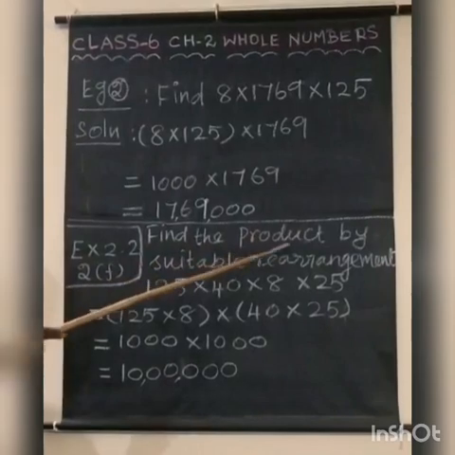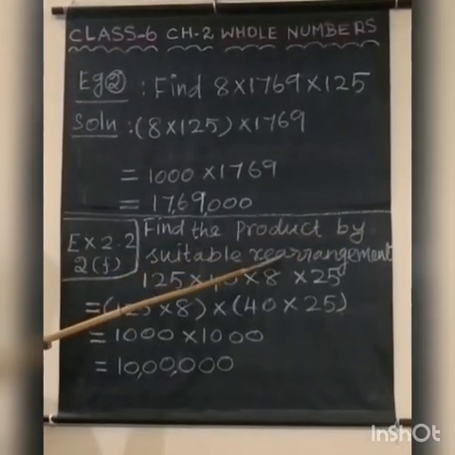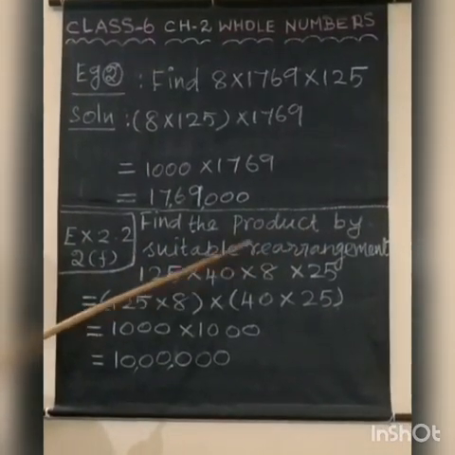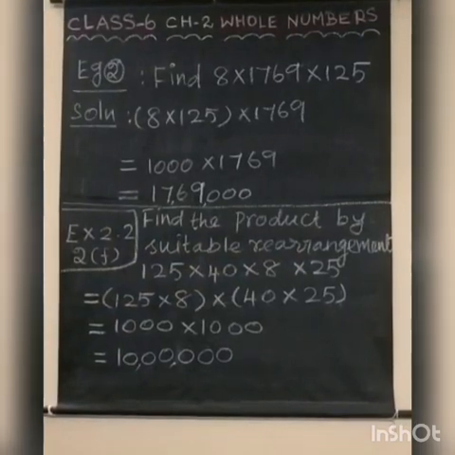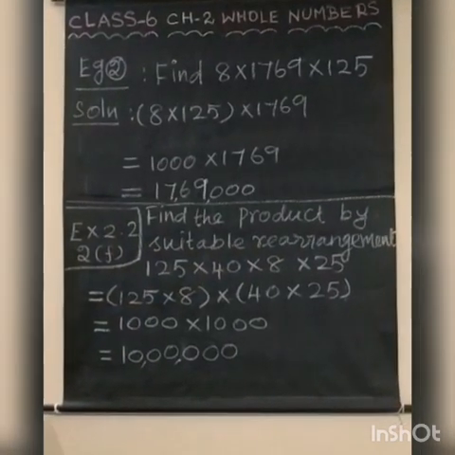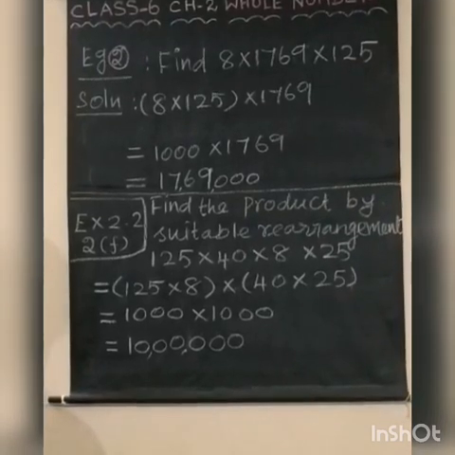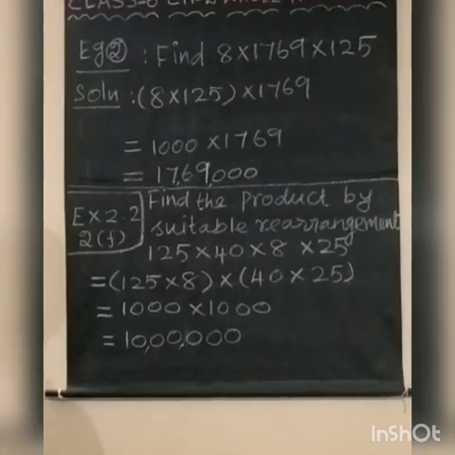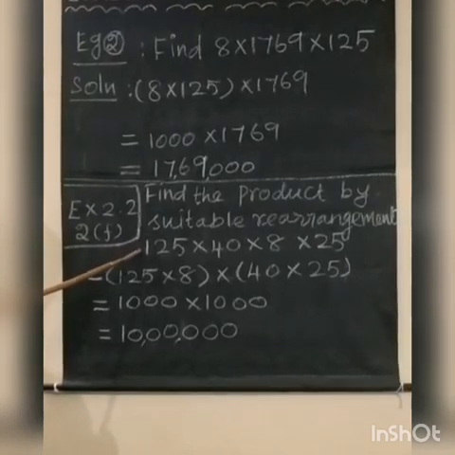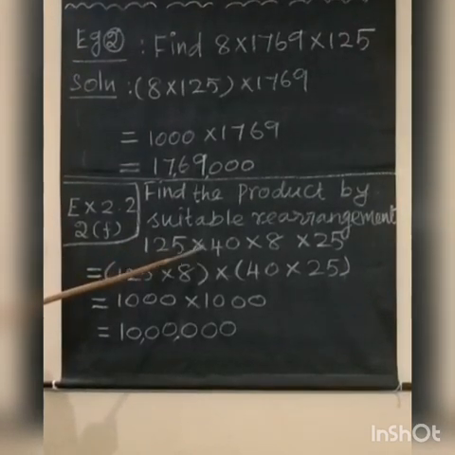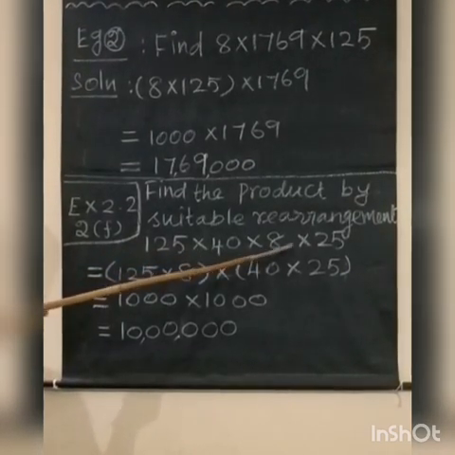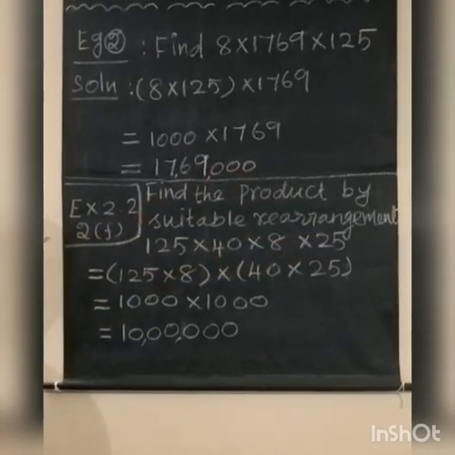Find the product by suitable rearrangement. Rearrangement means we always pair the numbers which give 0 in one's place. The given numbers are 125 into 40 into 8 into 25.